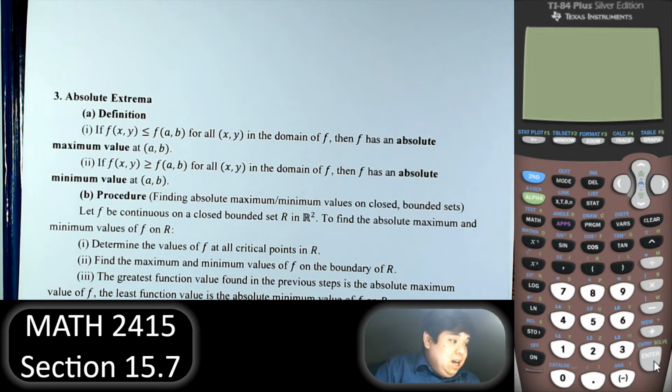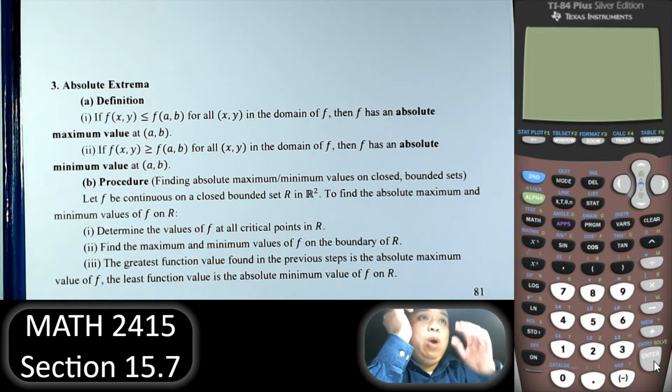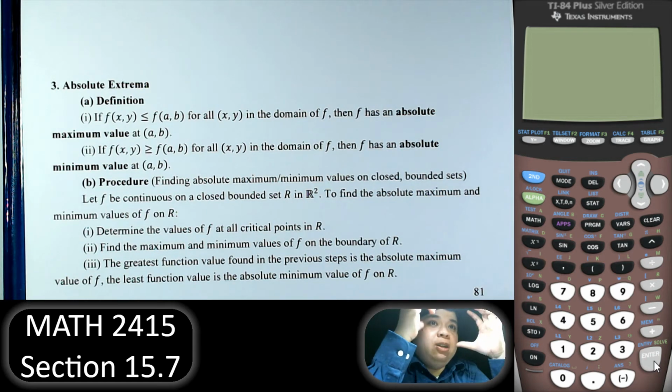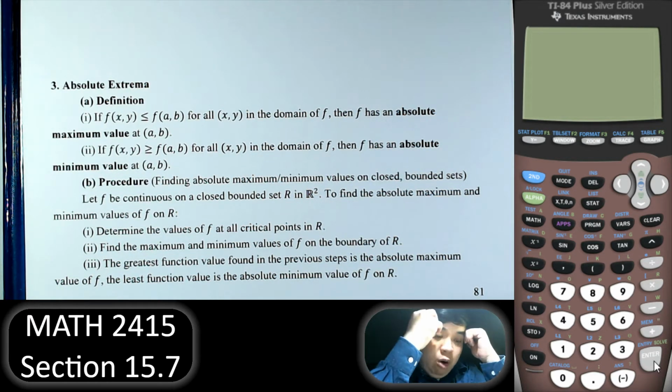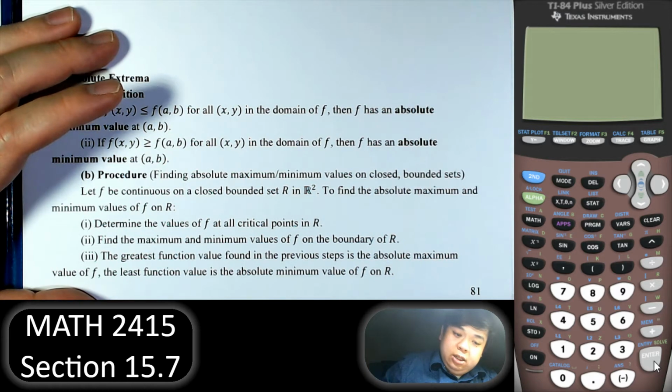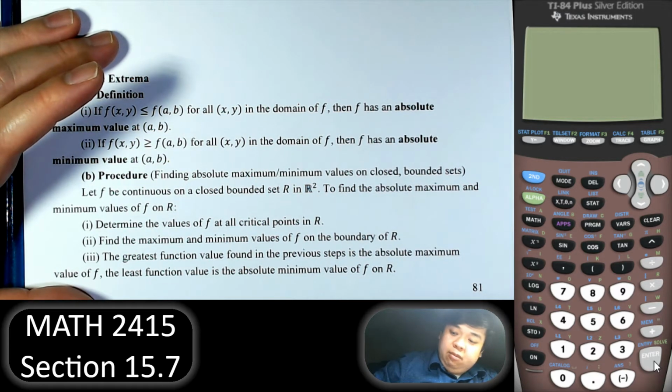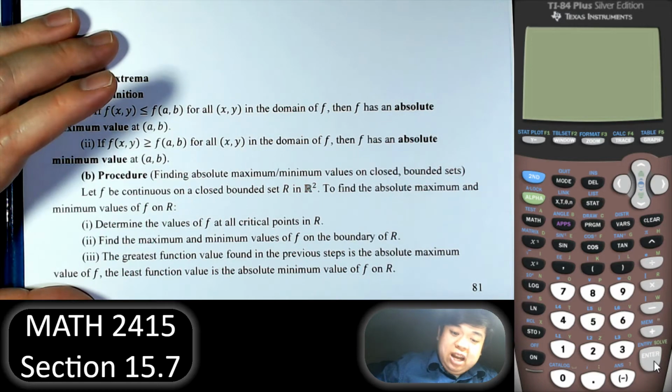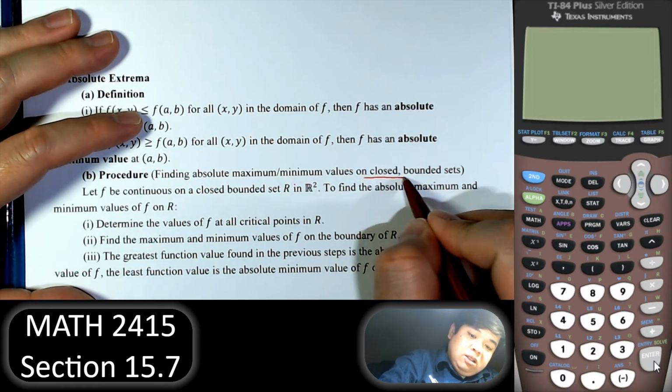There's a theorem that I forgot to write in the note. It says that we have to have a maximum if we have a continuous function on a closed region. The function has to be continuous for sure, and the region has to be a closed and bounded set.